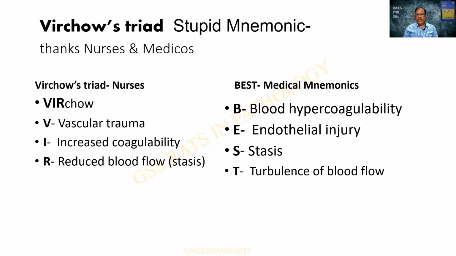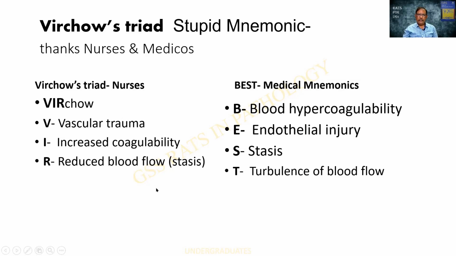Stupid mnemonics are our favorites. Thanks to nurses and the medicos for having provided these two mnemonics. You can take whichever you like. Virchow's triad: VARCHOW. V for vascular trauma, that is endothelial injury. I for increased coagulability. R for reduced blood flow or stasis.